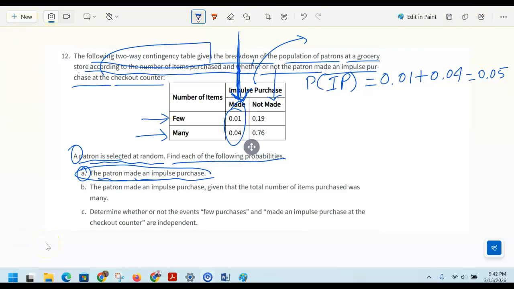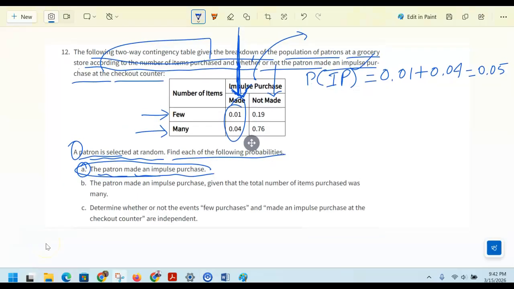The first one is done, and the second question says: the patron made an impulsive purchase, given that the total number of items purchased was many. I'll write M for many, and the others are few. I'll write I for impulsive purchase, and not I for not impulsive purchase.